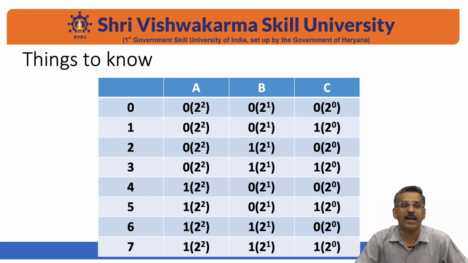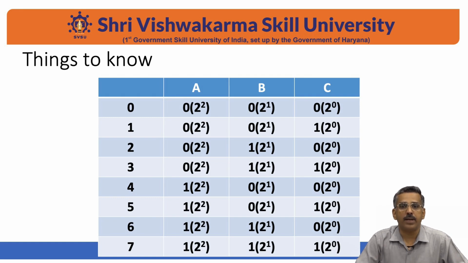And if the binary number is 7, the input at the 3 terminals will be equal to 1, 1, 1. Suppose the binary number is 4, under that condition the input at terminals will be equal to 1, 0, 0 as shown in this diagram. So this is the binary number representation.